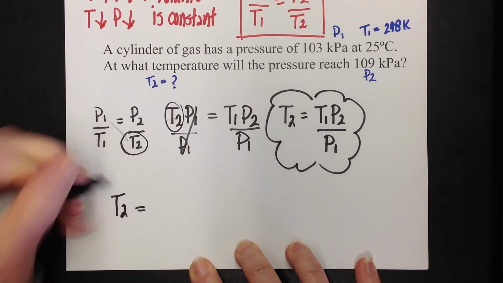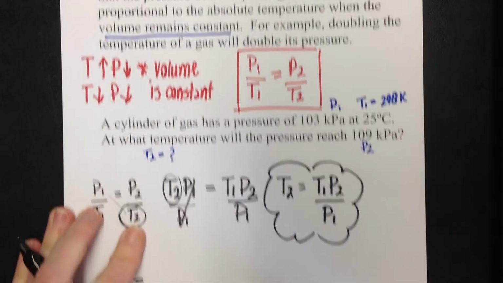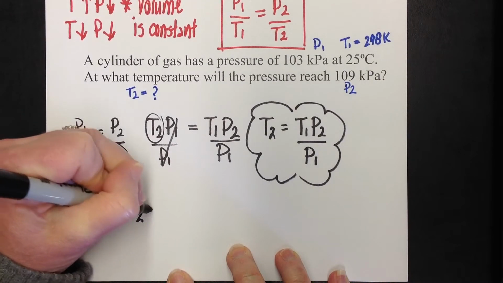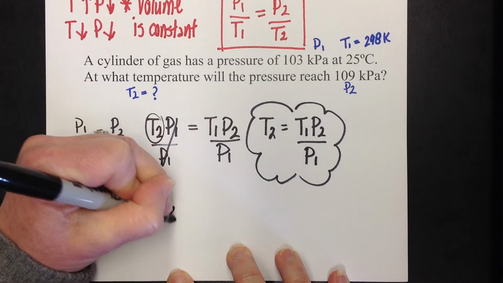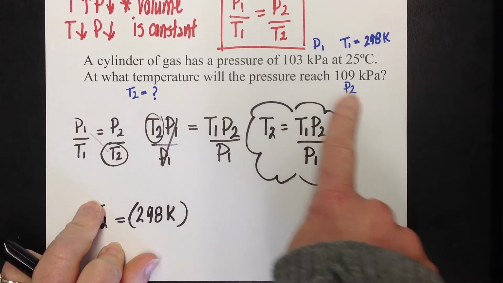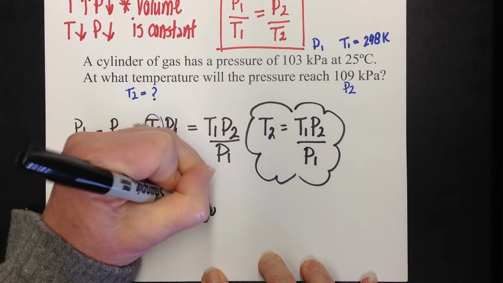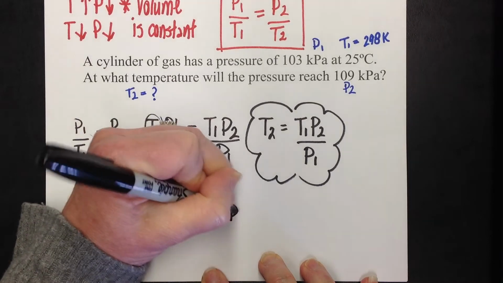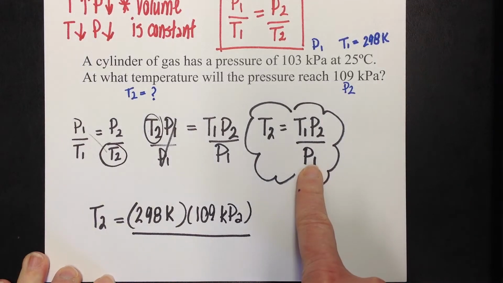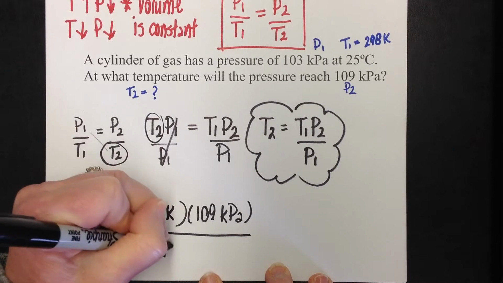So let's plug this in. T2 equals T1, which was 298 K, times P2, which was 109 kilopascals, over P1, which was 103 kilopascals.